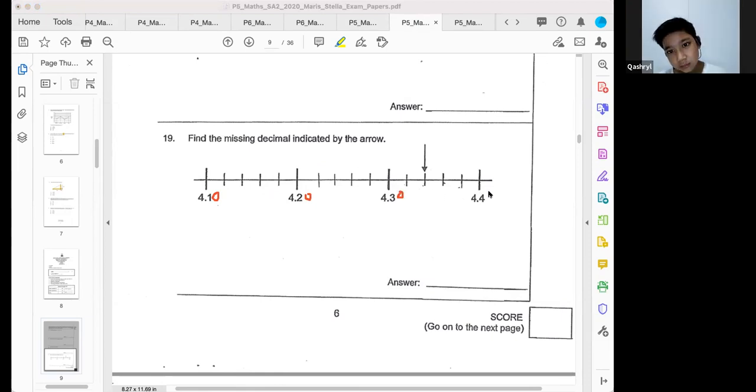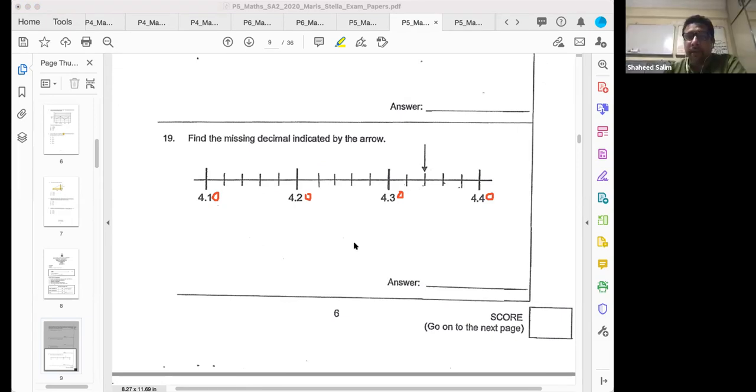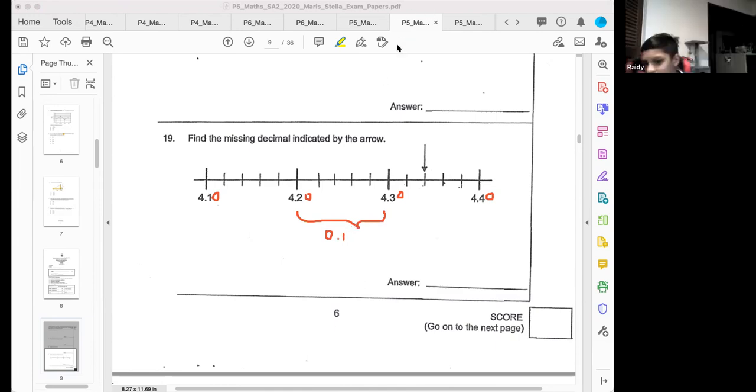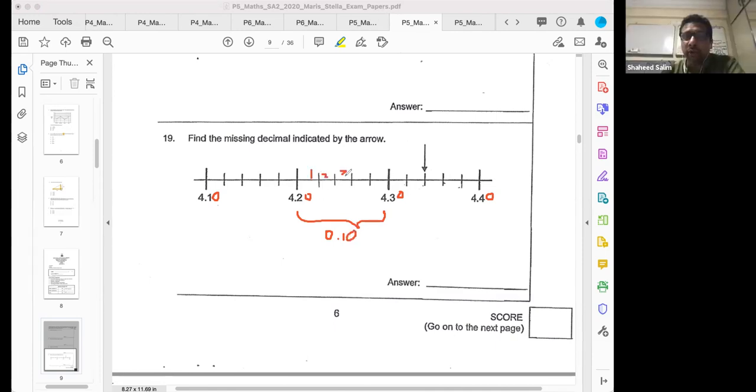Down here, between the two you are getting 10. 430 minus 420 is like 0.10. Then you divide by the number of parts. There's 1, 2, 3, 4, 5. There's 5, right? So 10 divided by 5 is 2.